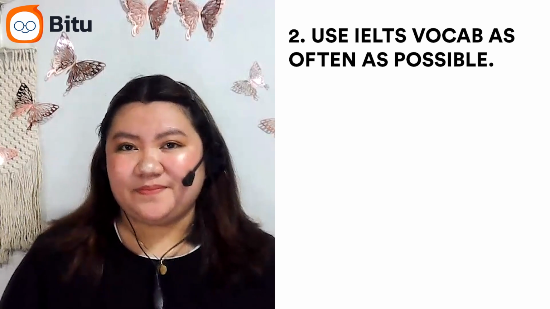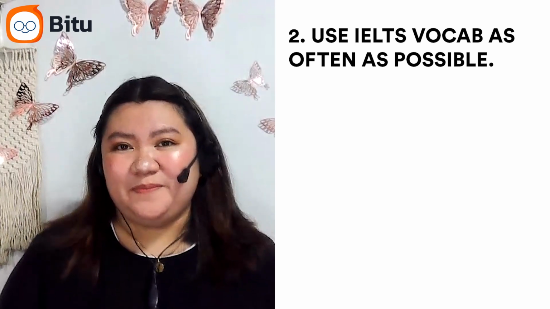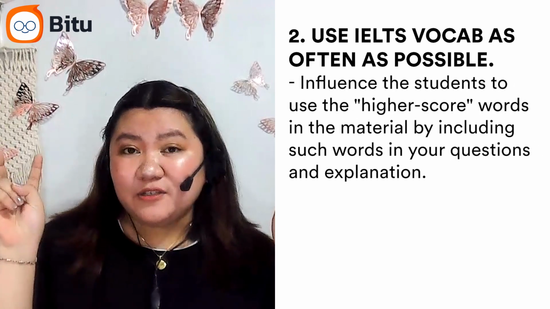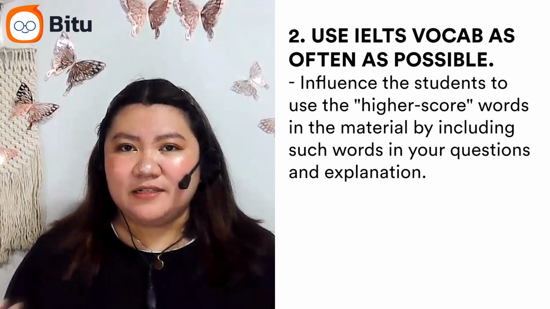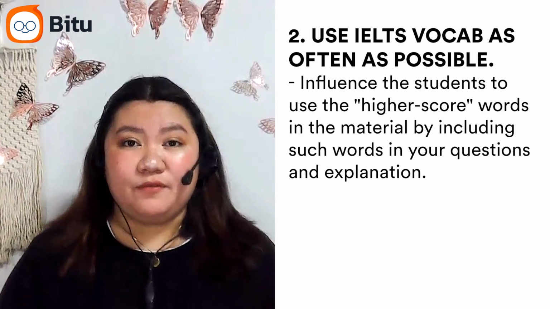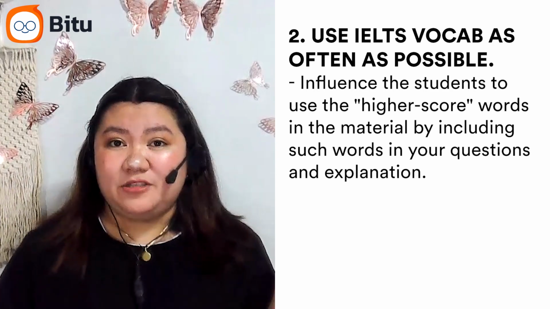Number 2, use IELTS vocab as often as possible. Influence your students to use the higher score words in the material by including such words in your questions and explanation. For example, the given vocabulary is off the beaten track.